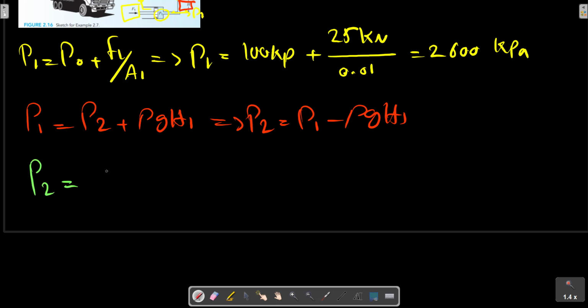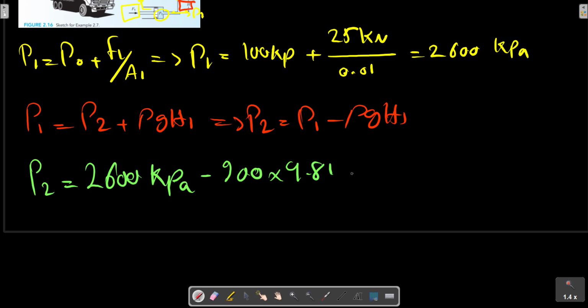P1 minus the density of the hydraulic fluid multiplied by the gravity acceleration and multiplied by h, which is 6 meters.